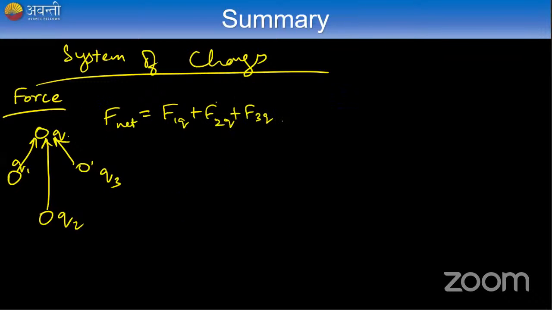If you remember, similarly for electric field also, E net was equal to E1 plus E2 plus E3. Okay, so this was much of what we learned for the electric field and force.